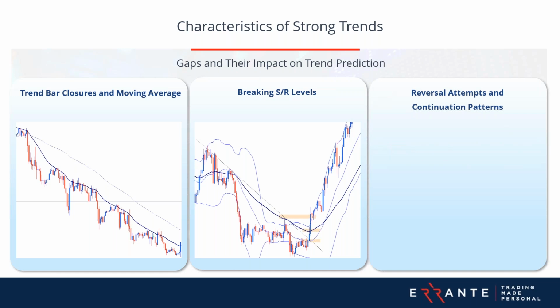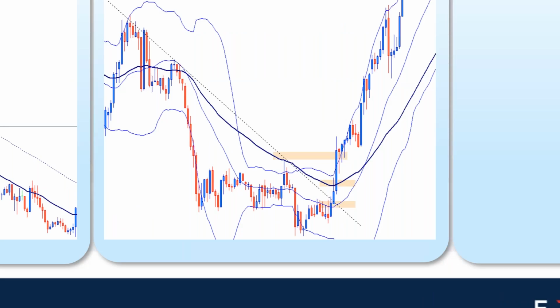For example, as you see here again, we have the trend line, we have the Bollinger Bands, and you see that after losing the downside momentum, prices just breach above the trend line, and then they breach above the middle Bollinger Band, and then also cross above the moving average, and they get themselves through the previous market top.